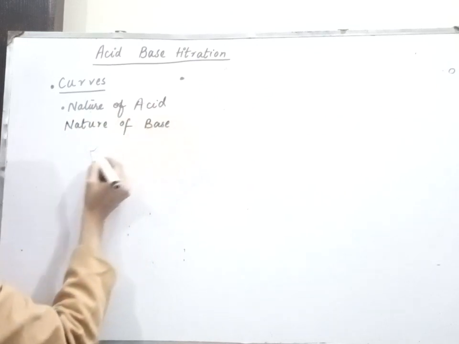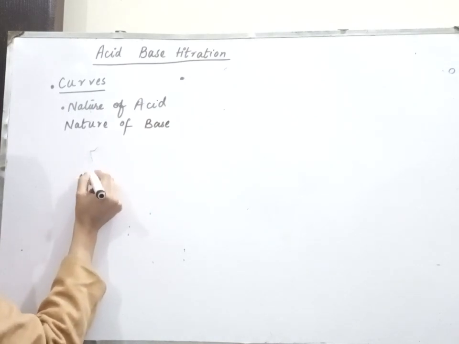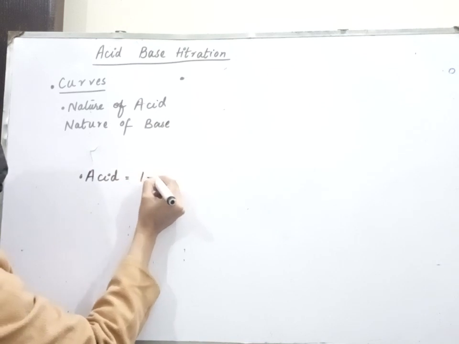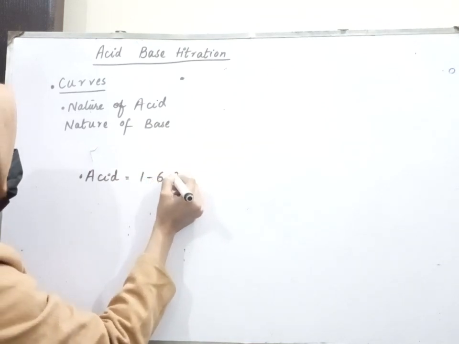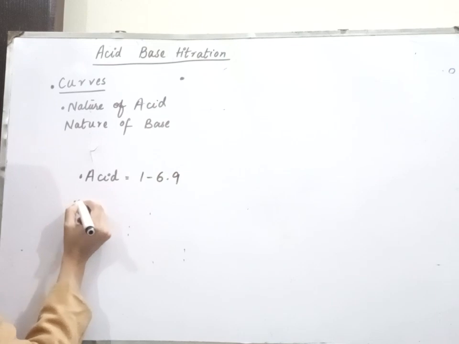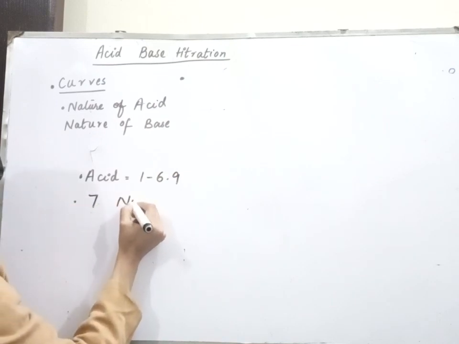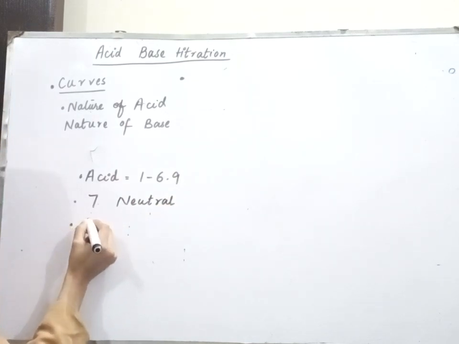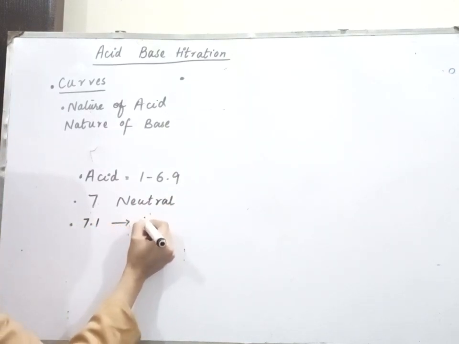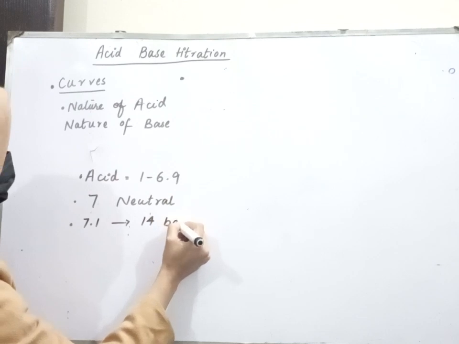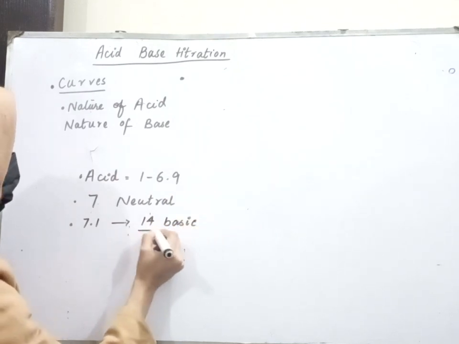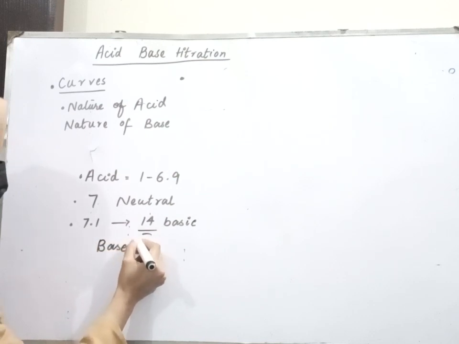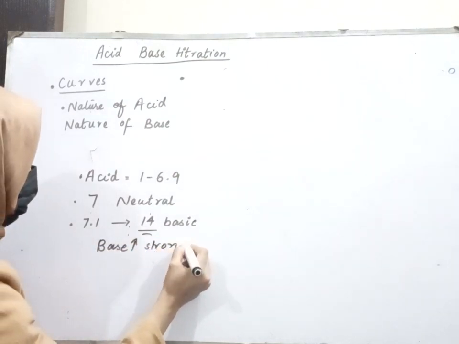As you know, the pH of an acid is 1 to 6.9. When the pH is 7, it is neutral pH, and 7.1 to 14 is basic pH. Remember that a base is strongest when the pH is 14.